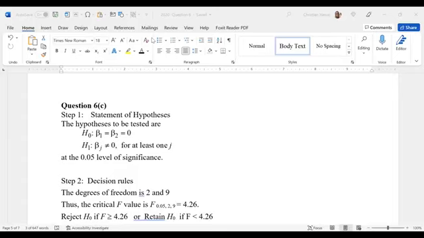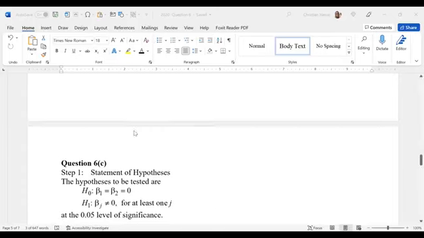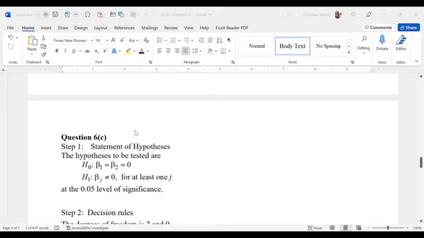So what is the hypothesis to be tested? When you want to test the overall significance of your model, H naught will be beta 1 equals beta 2 equals 0. That's the H naught.